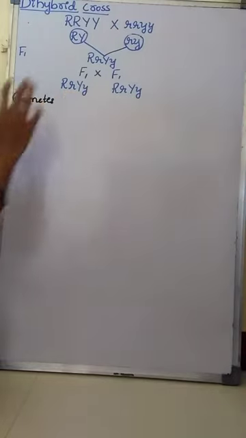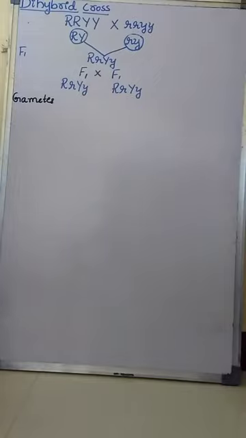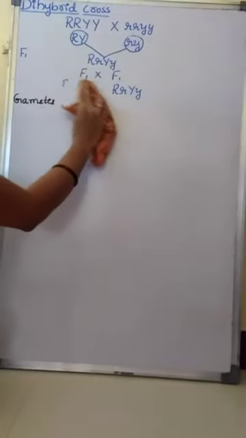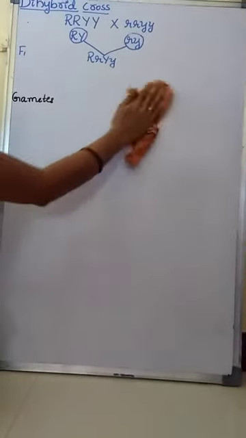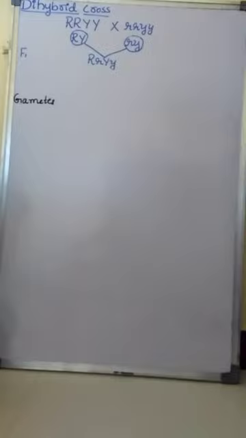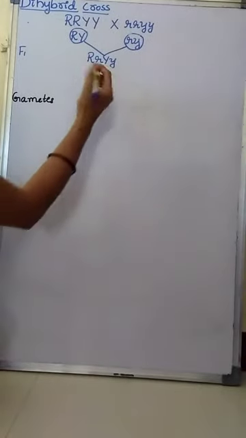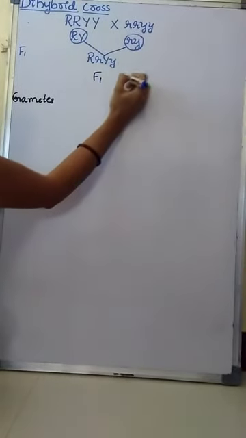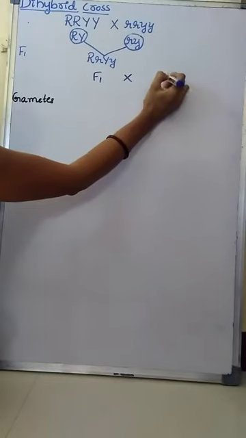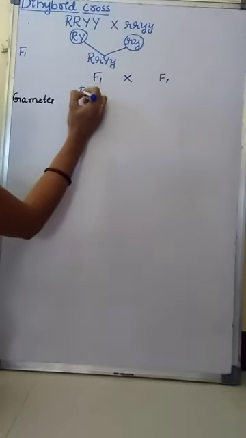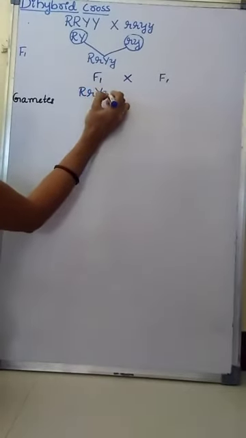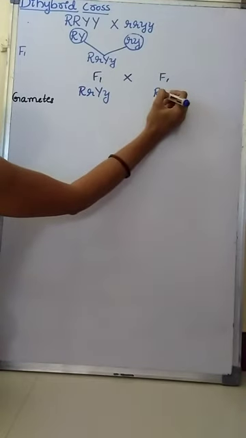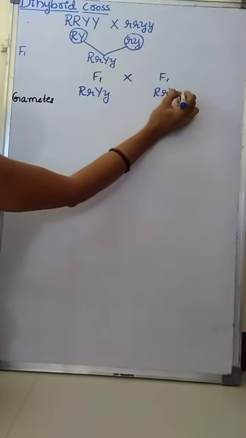Here this parent produces different types of gametes, and that parent also produces different types of gametes. F1 into F1: F1 means capital R, small r, capital Y, small y, and here also the same.